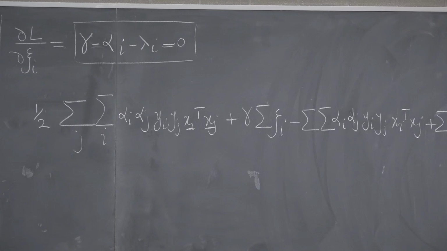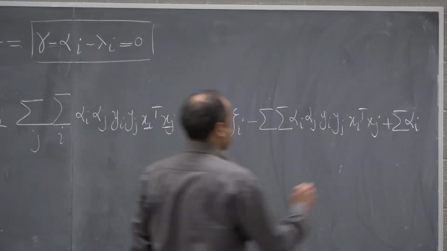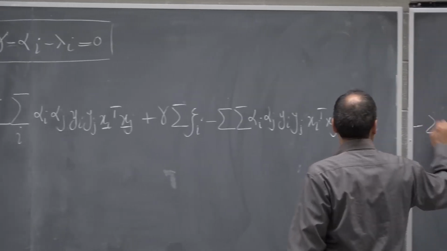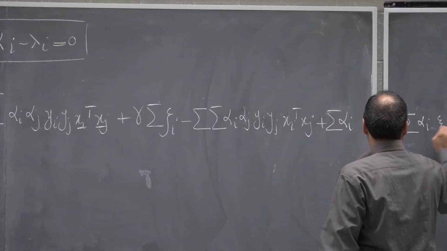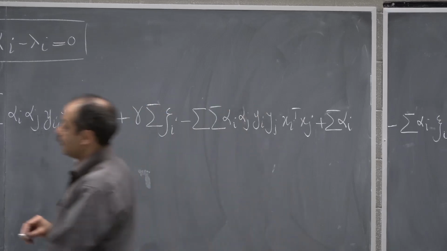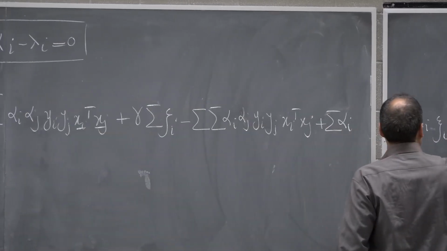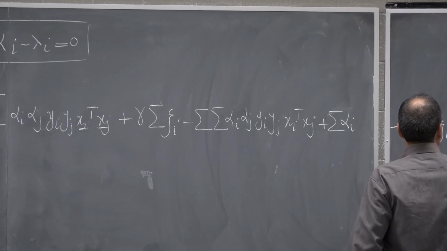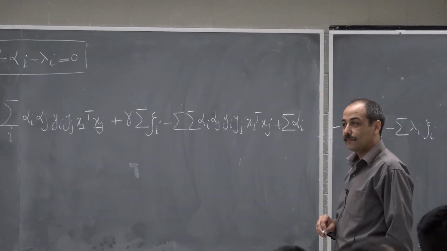Then I have this term, which I'll just write here: alpha_i zeta_i minus lambda_i zeta_i.